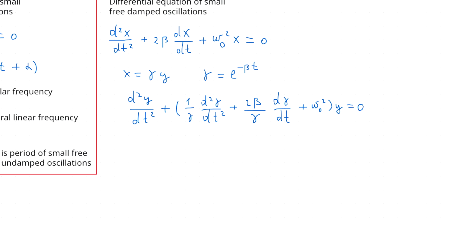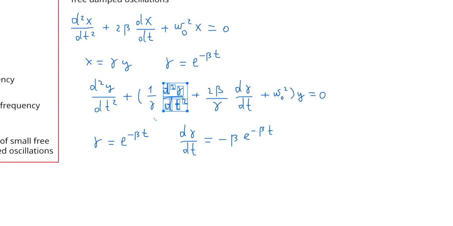Let's do this. So if gamma is equal to e to the power of minus beta t, first derivative will be minus beta e to the power of minus beta t, and the second derivative will be equal to beta to the power of 2 e to the power of minus beta t.